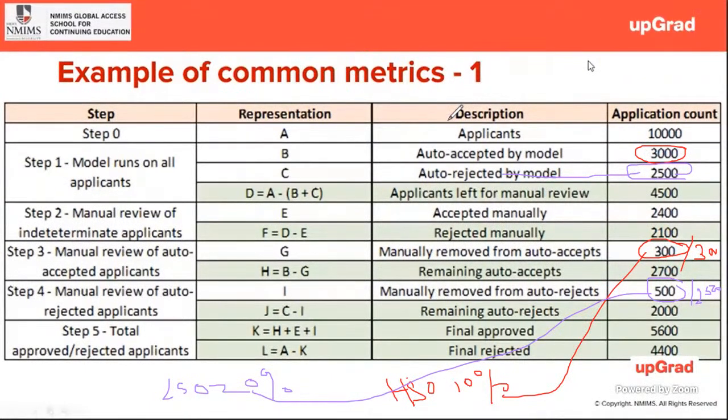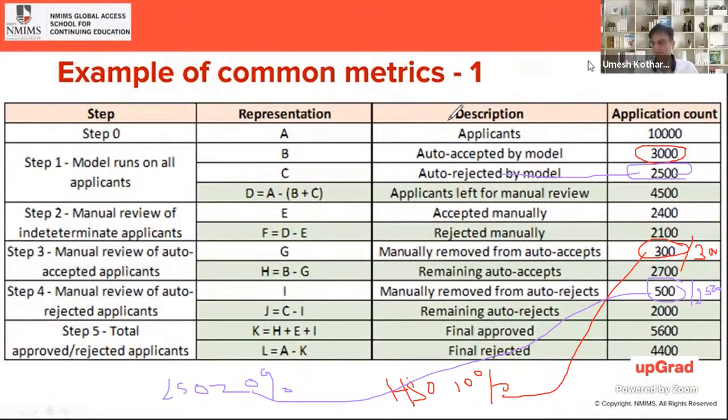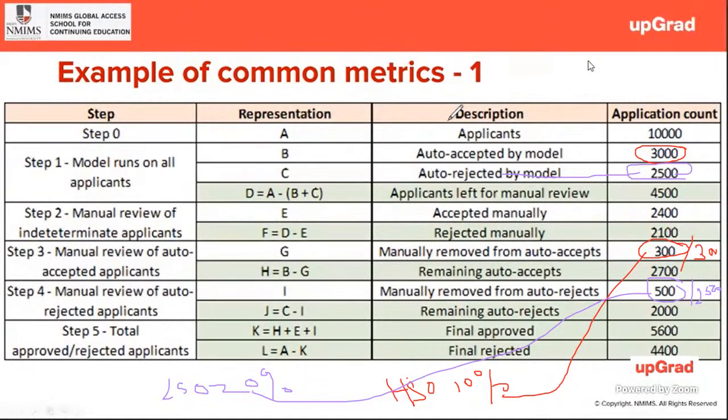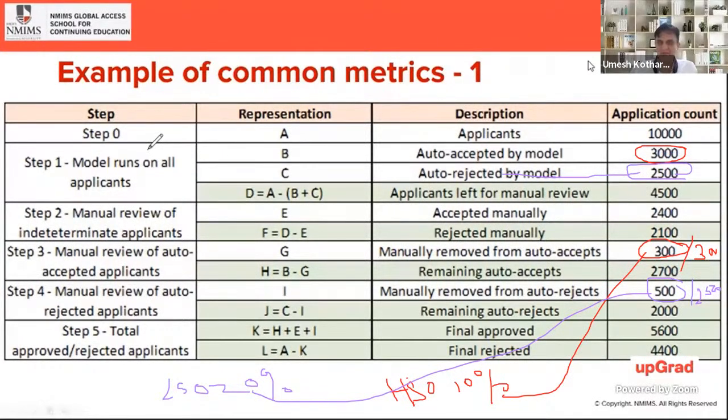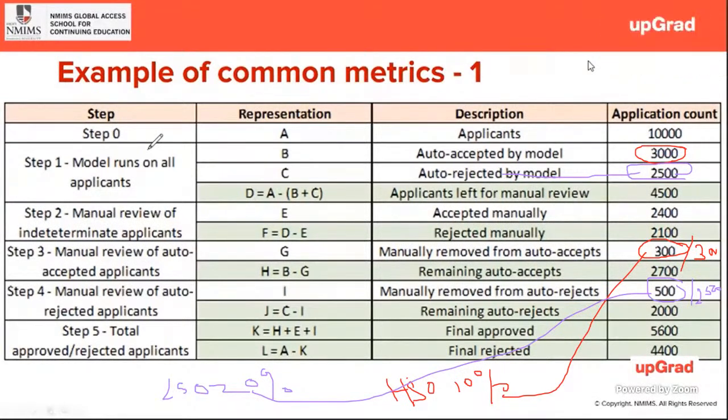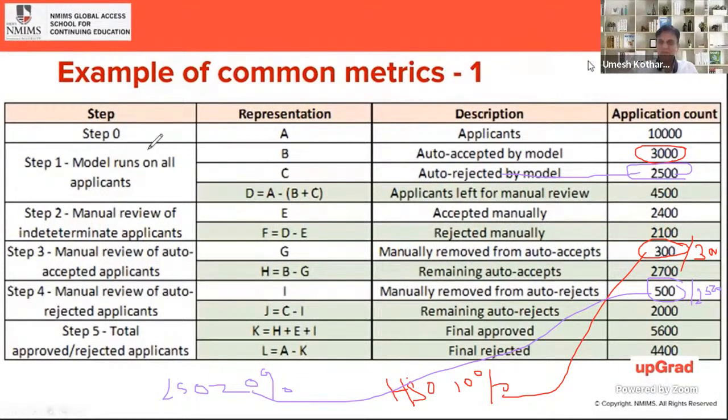So it's 800 by 5500, which is equal to 0.14. Is it 14% or 14.5%? Yes, it's 14.5%.